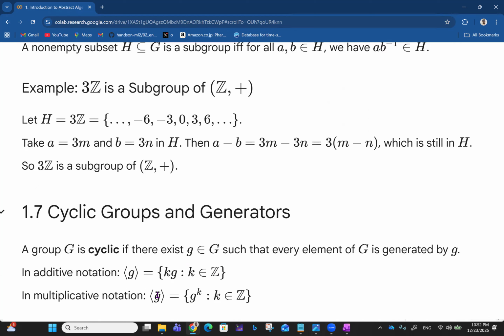So in multiplicative notation, we have g raised to power k. So for additive it's k times g, for multiplicative it's g raised to power k, where k belongs to the set of all integers.